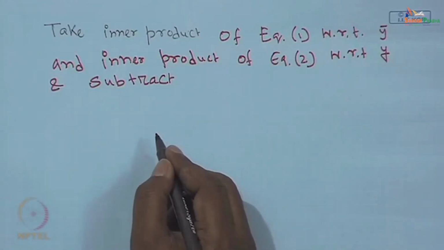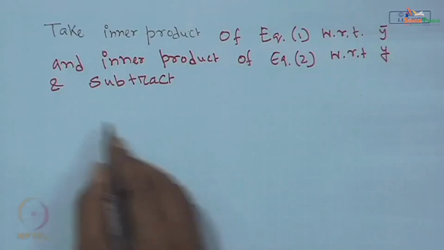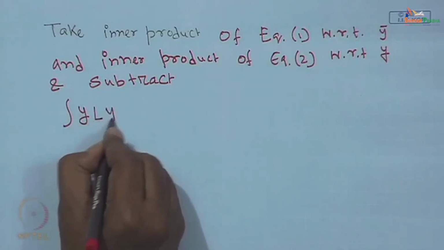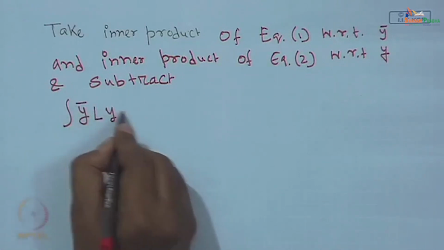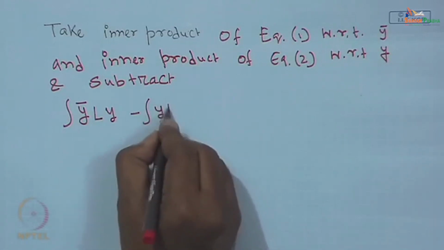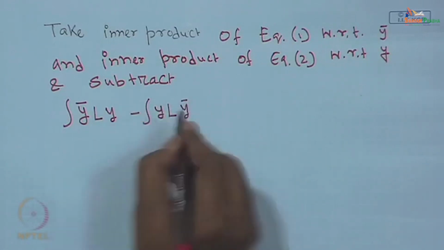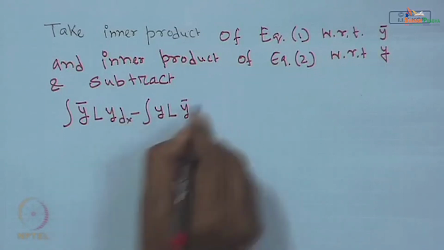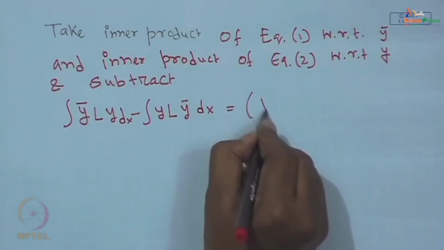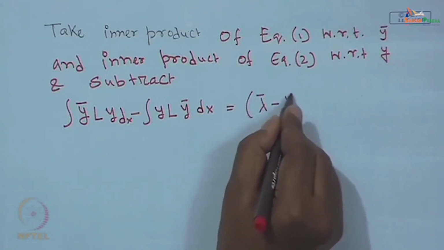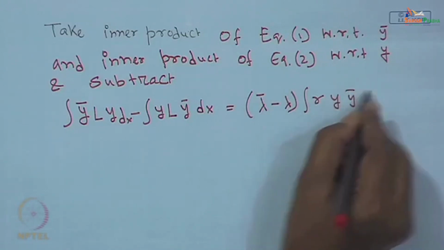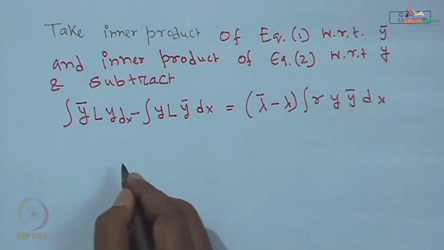If we do the subtraction, we get the integral of y L y bar minus y bar L y dx equal to lambda bar minus lambda times the integral of r y y bar dx.